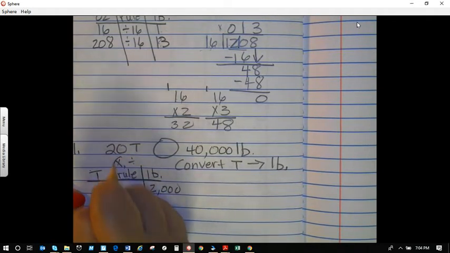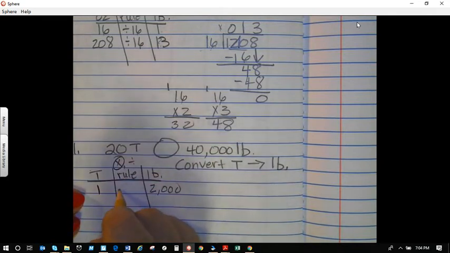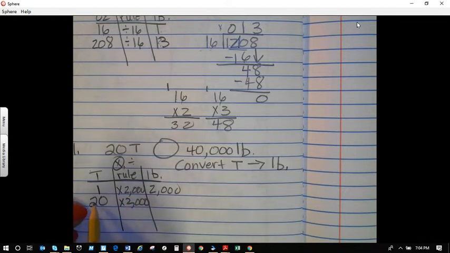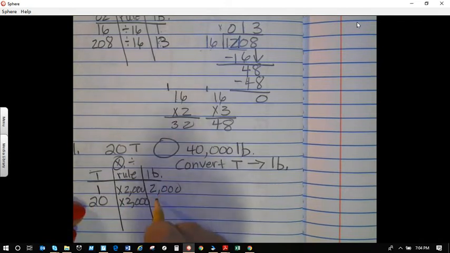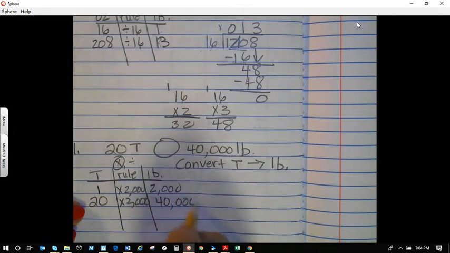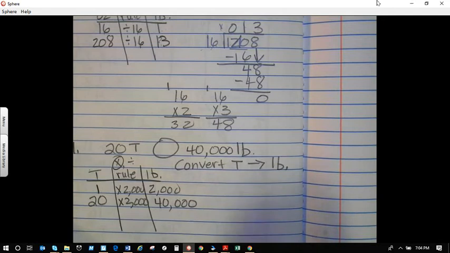So when I went in, the process is 1 times 2,000. Well, you have 20 tons times 2,000. 2 times 20 is 40. I have 1, 2, 3 zeros. So it's 40,000 pounds.